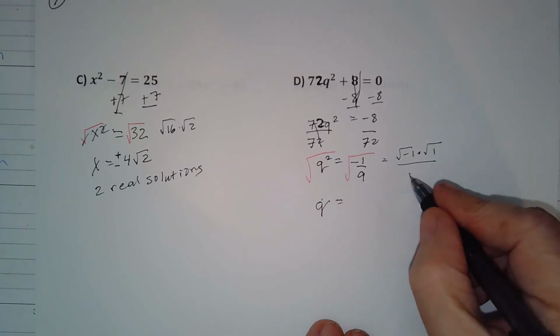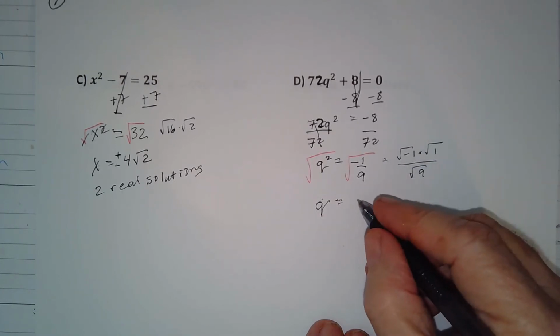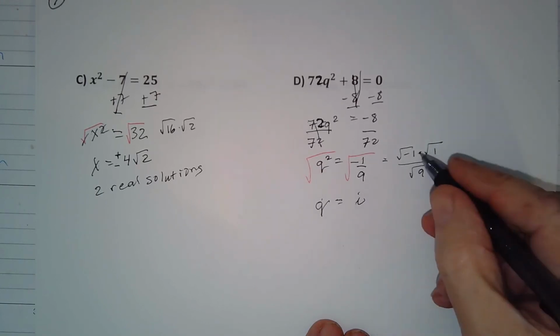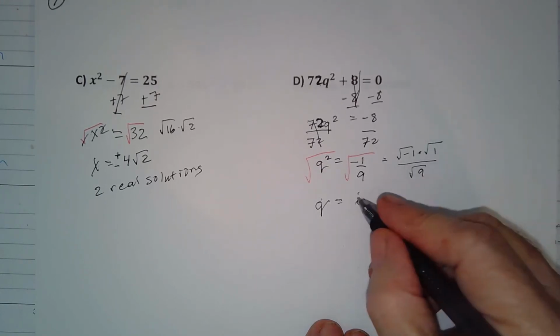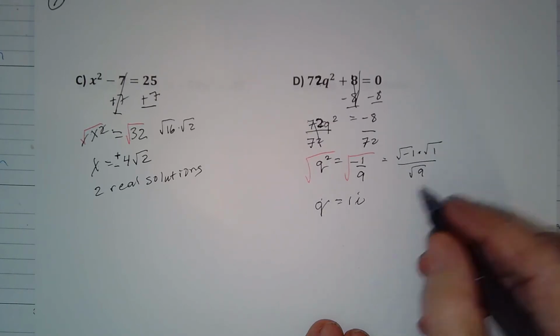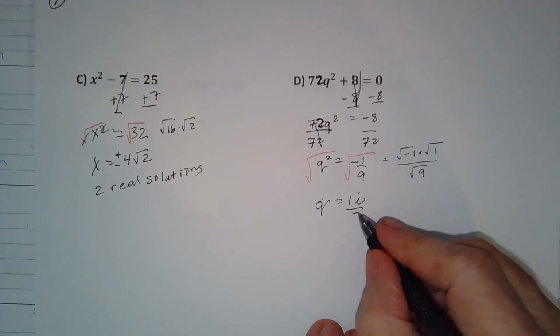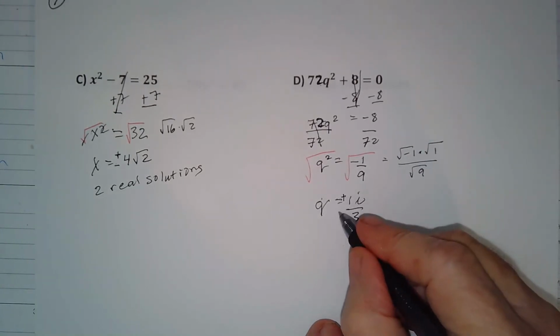And then this is the square root of 9. So the square root of negative 1 is i, right? And the square root of 1 is 1, because 1 times 1 equals 1. So you have 1i divided by, and then the square root of 9 is 3. Okay? And remember, this is plus or minus.